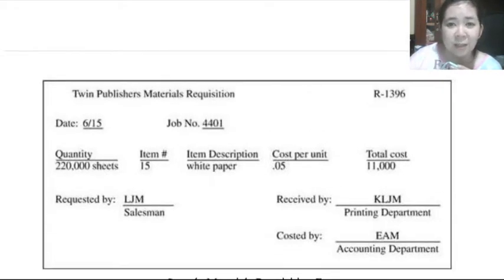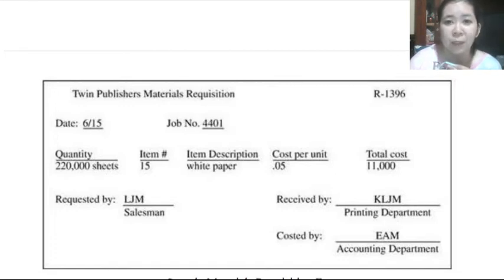This is used as a control, like a serial number, to control the use and the transfer of direct materials from the warehouse to the work in process or to production.